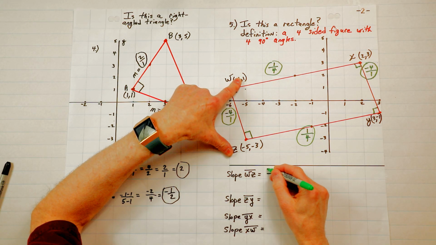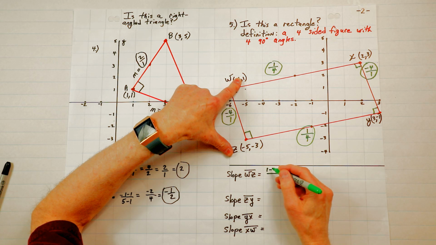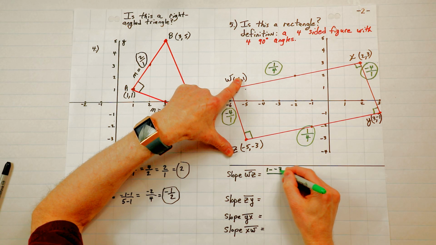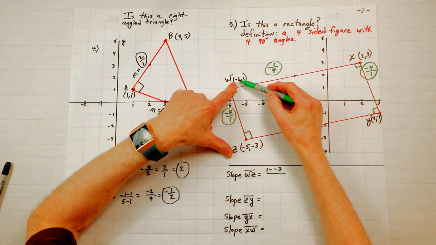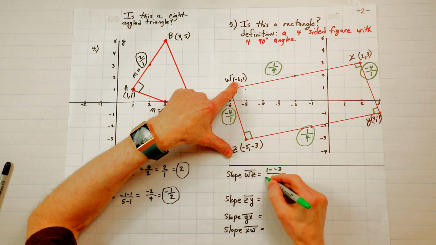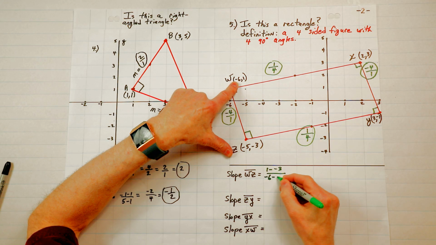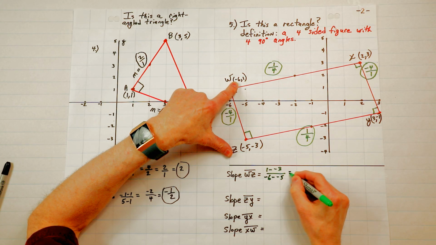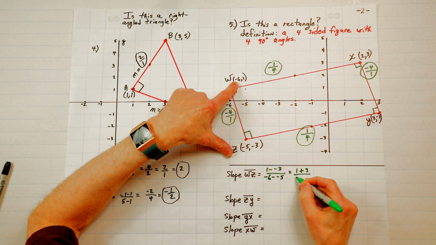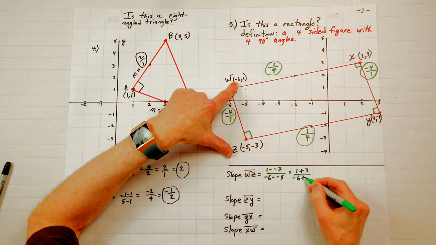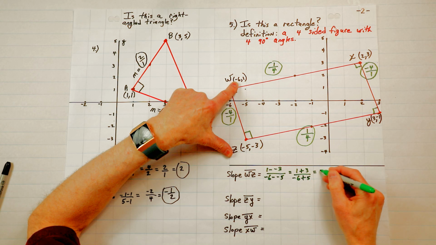Y2, take away y1: 1, subtract negative 3. X2, take away x1: negative 6, subtract negative 5. Okay. So I get 1 plus 3 over negative 6 plus 5. That gives me 4 over negative 1.